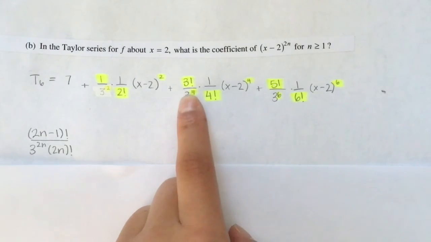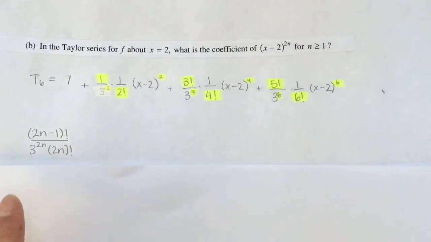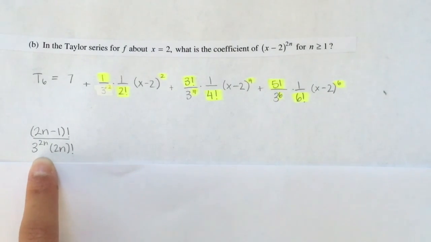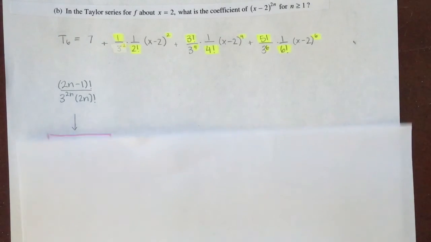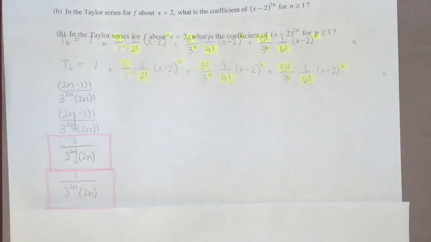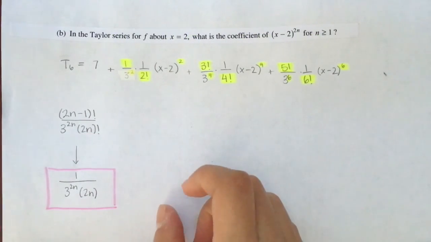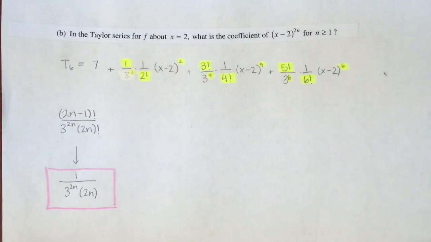This value and this value are both also always equal to the exponent of x. So you have 3 raised to the power of 2n times (2n) factorial in the denominator. After you simplify, you get 1 over 3 raised to the 2n times 2n. In part B, you have to be careful not to accidentally treat the exponent of x as n instead of 2n. And you get 1 point for getting the coefficient right.